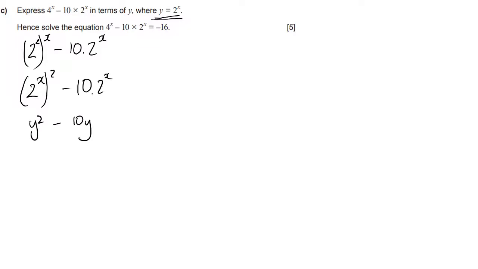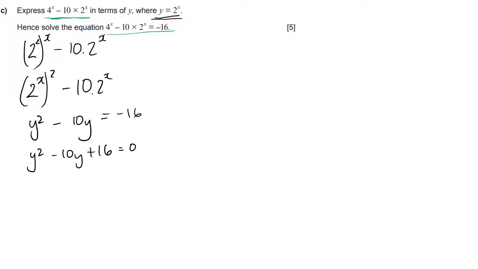If you have a look at this here and compare it with this, it's exactly the same. So I can now say that this is y squared minus 10y equals minus 16, or y squared minus 10y plus 16 is equal to 0.